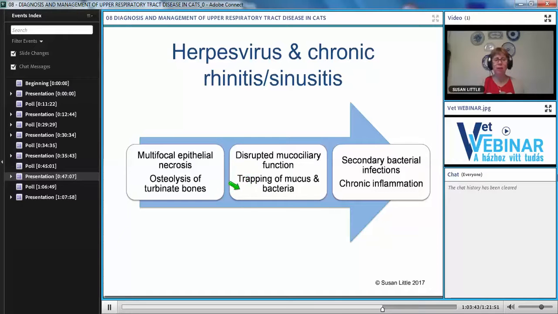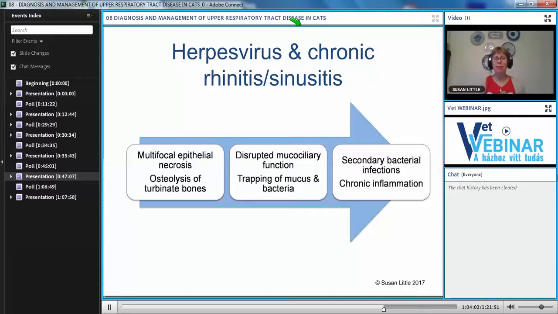So bacteria get trapped in mucus in the sinuses and in the turbinate bones. And that's how we get chronic inflammation and these chronic secondary bacterial infections in these cats that have these chronic upper respiratory tract clinical signs.